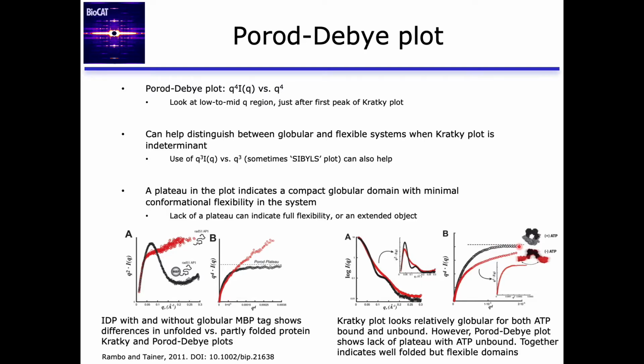They attribute this, as we've said, to a compact globular domain with no flexibility. When it unbinds, there's no plateau on this plot, and they're attributing this to significant conformational flexibility without ATP bound. In this way, it can help distinguish what the Kratky plot is actually telling you.